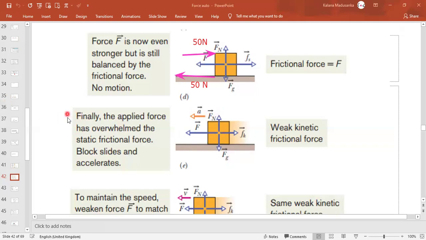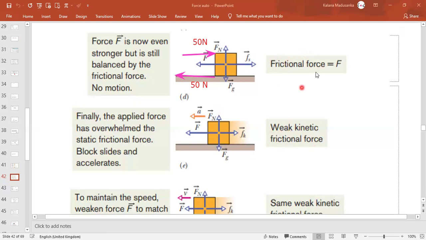Finally, in the middle diagram, the applied force has overwhelmed the static friction force. Let's say 50 newtons. Then what happened? This block or this book is going to slide and accelerate. However, it is kind of a weaker kinetic friction force.